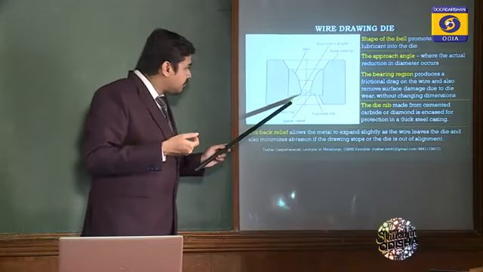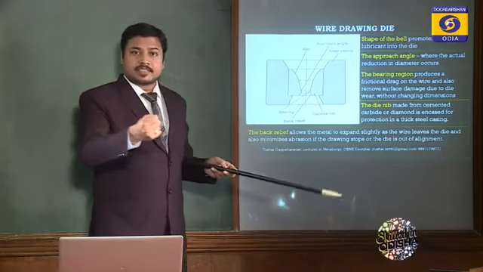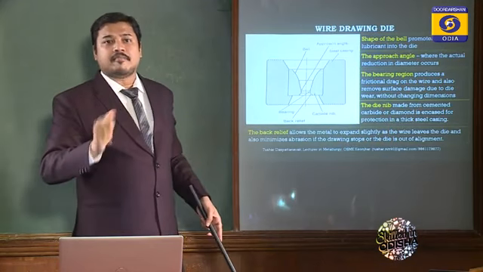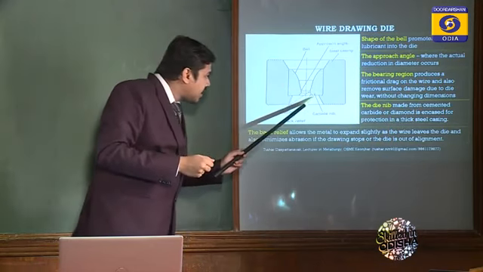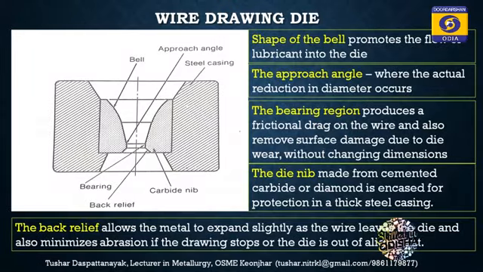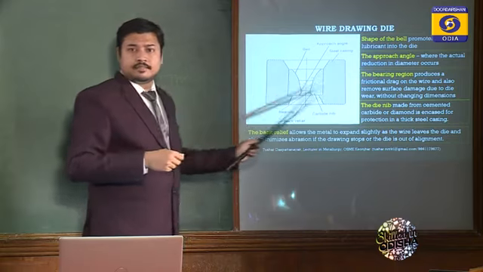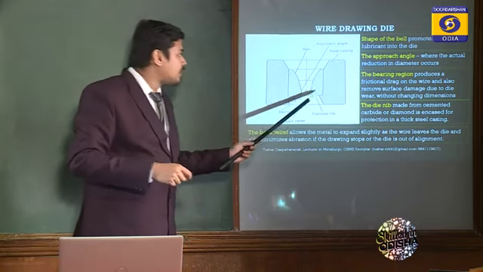The die might get eroded. So the back relief stops abrasion. This die nib is made out of cemented carbide, silicon carbide or tungsten carbide. Carbides are very very strong, so that is used. The die is protected by a steel casing.